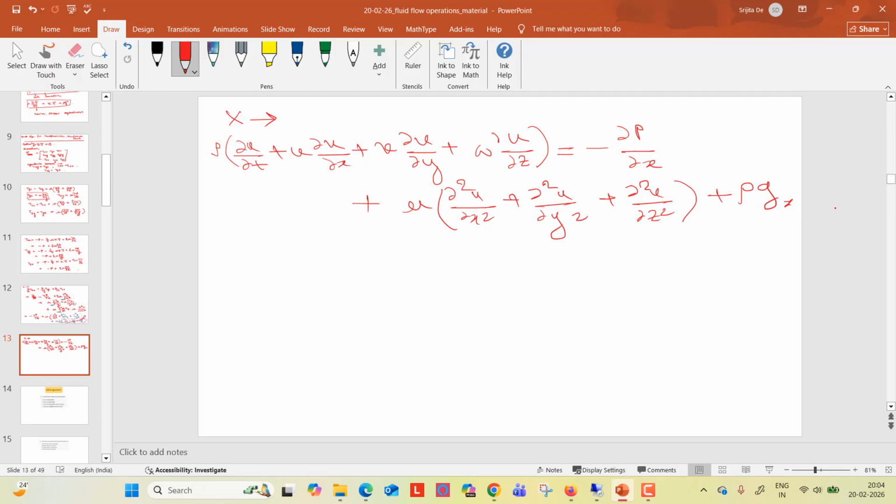The previous equation was the generalized form. As we are taking it as a Newtonian fluid, this symmetric tensor concept will come, and it will simplify like this.